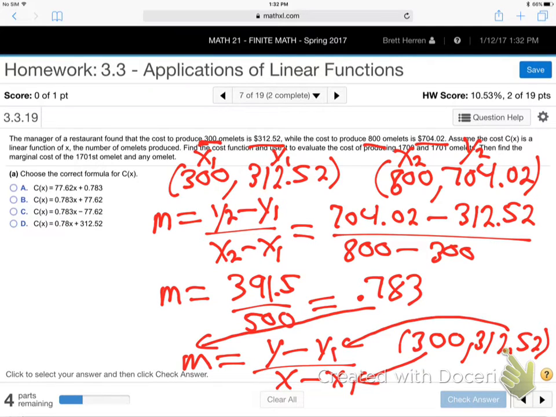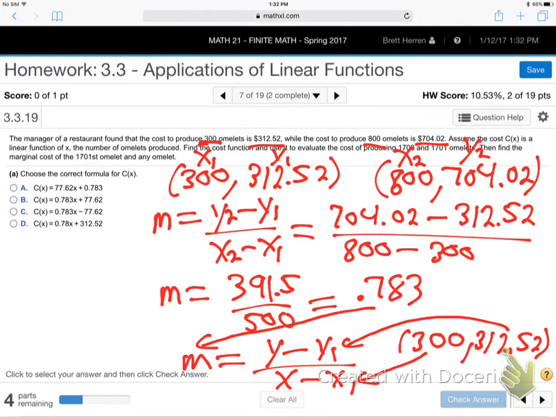When they want you to find an equation, there are lots of ways to do it. MyMathLab describes a different way. If you click on the question help, they show a different way. I never care what way you do anything on the test, but over the years I found this is usually easiest for students because you just keep using that same formula again and again: once with all 4 numbers plugged in, the slope formula, and then a second time with the plain y and plain x in the front, where you only plug in the back numbers once you get the slope from part 1.